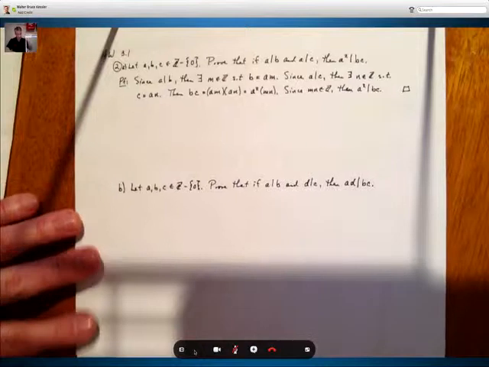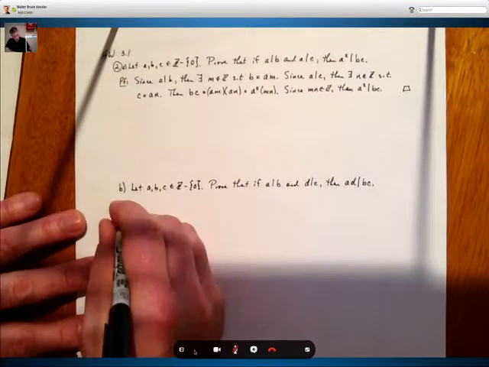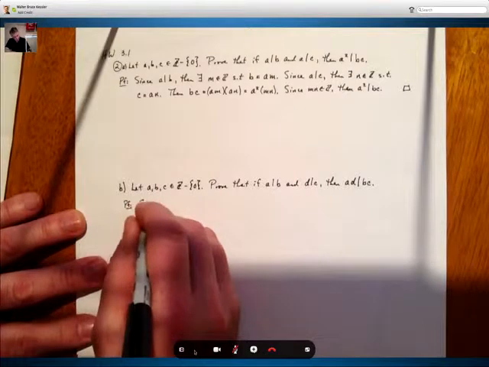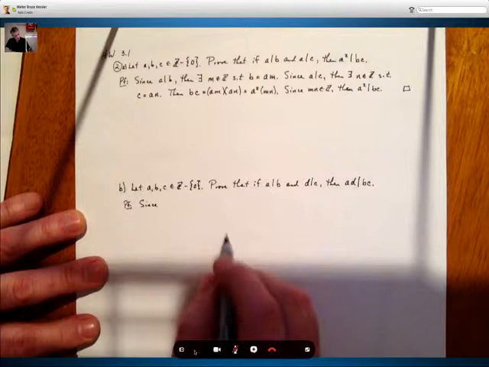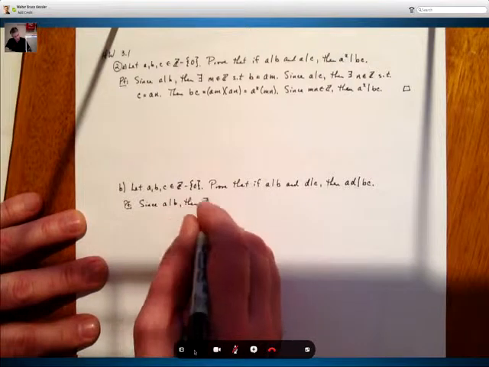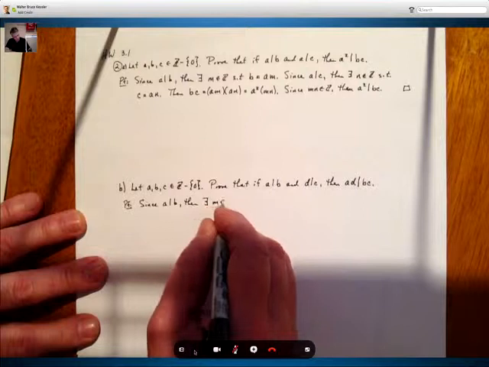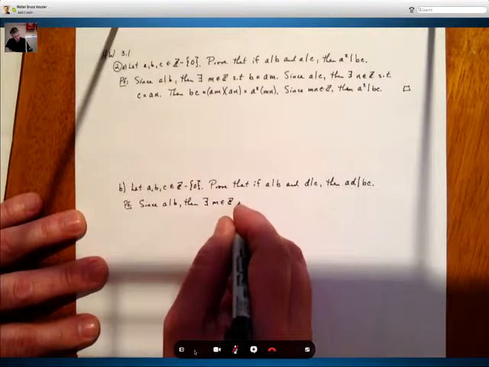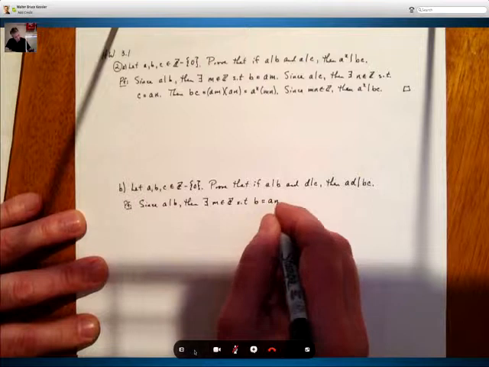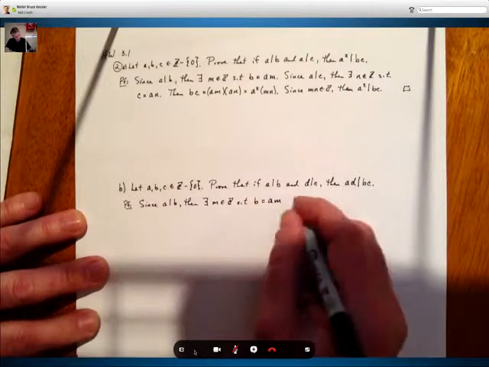Okay. 2b is actually very, very similar. If a divides b, then there exists an integer m such that b is equal to am.